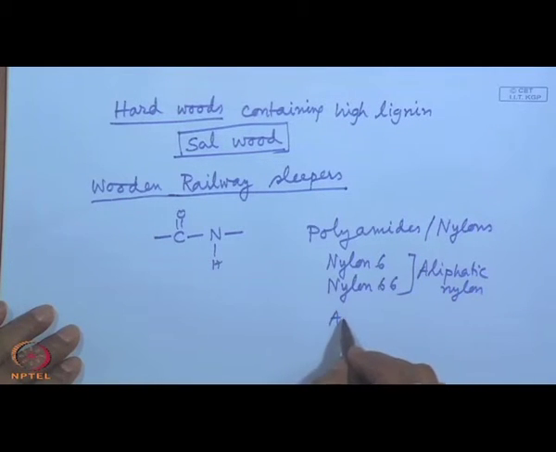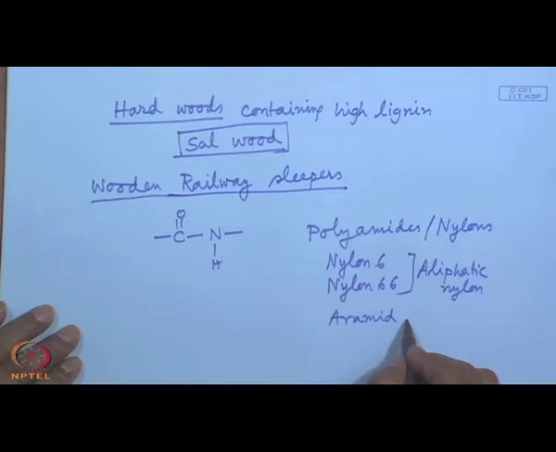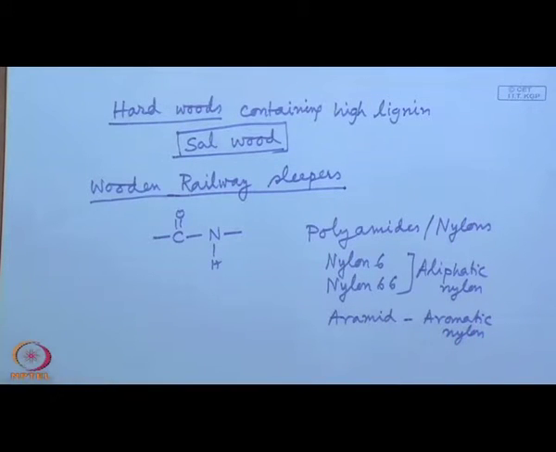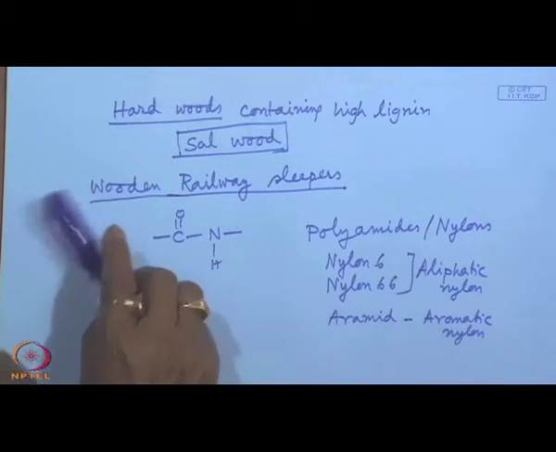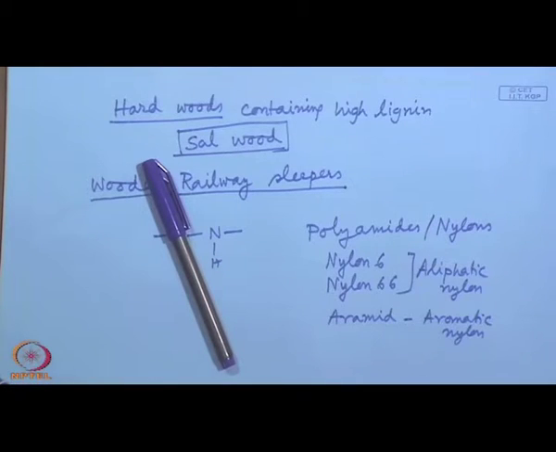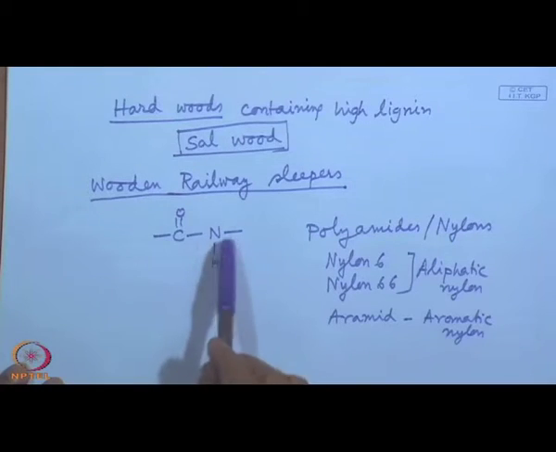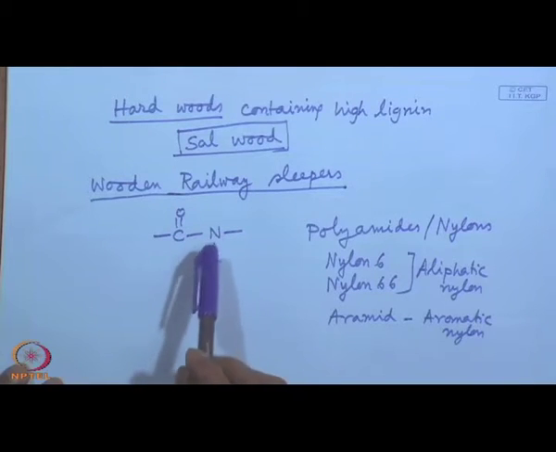There can be aramid, which is aromatic nylon. Now, aliphatic nylon degrades faster than aromatic nylon. These nylons are in general known as polyamides because of the presence of this amide linkage, which is similar to the peptide linkage in proteins.